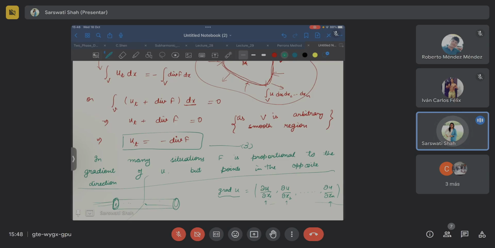So we can't say that it is going to be a maximum change. We just say that it represents the change in the x1 direction, the x2 direction, the xn direction. If u is a scalar, then f is also going to be a scalar if we are not talking about a system, isn't it?